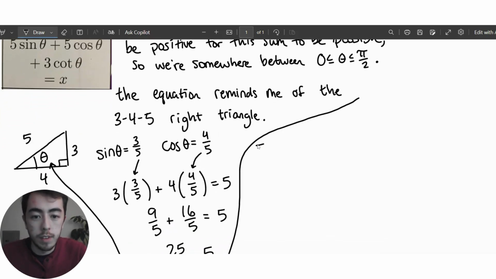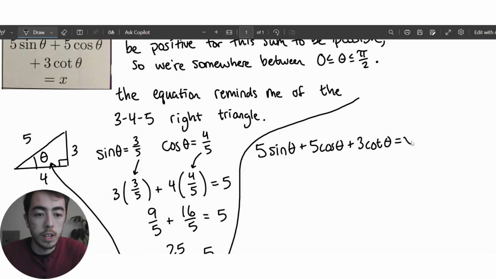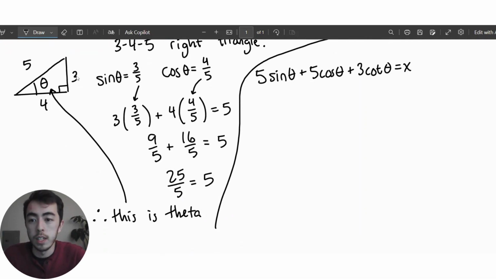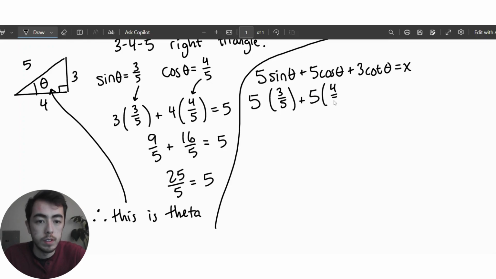That means 5 sine theta plus 5 cosine theta plus 3 cotangent theta is equal to x. I already know that sine of theta is 3/5. So 5 times 3/5, plus 5 times 4/5, plus 3 times cotangent.